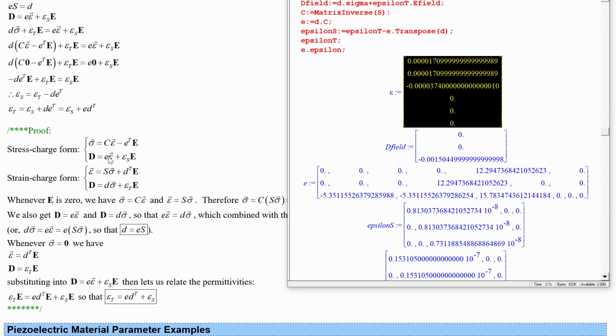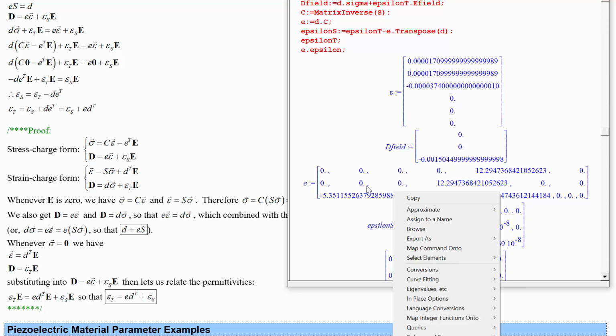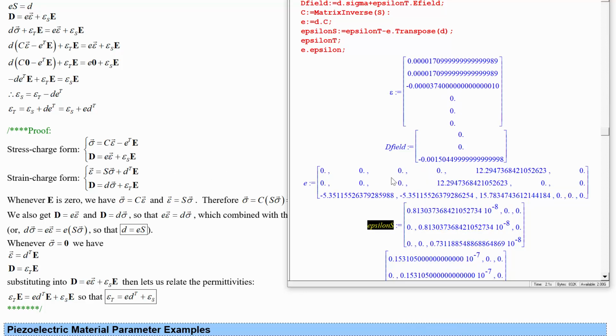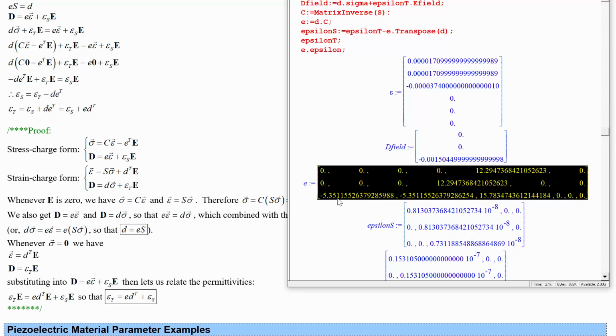So strains by themselves in axial X or axial Y don't lead to any charge displacement in the X or Y directions. But strains in the X, Y or Z direction can, in PZT, lead to charge displacements in Z. So any axial strain leads to charge displacement in Z.